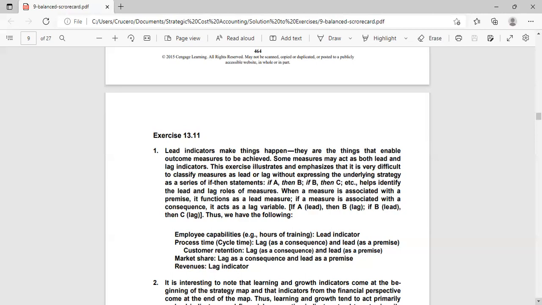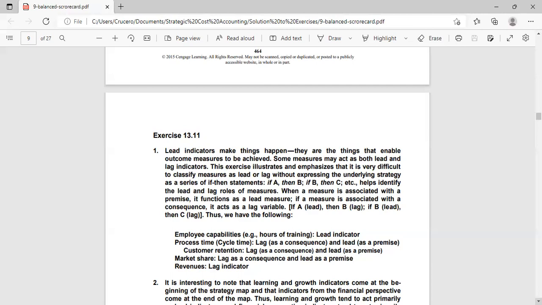Lead indicators make things happen. They are the things that enable the outcome measures to be achieved. Some measures may act as both lead and lag indicators.